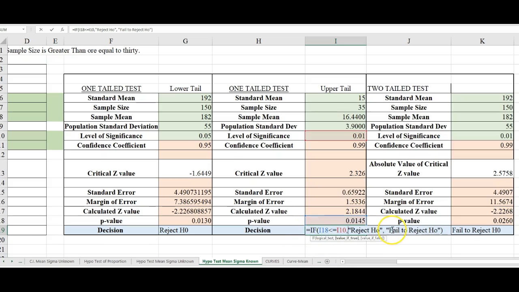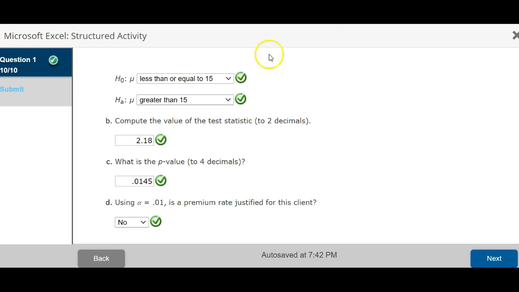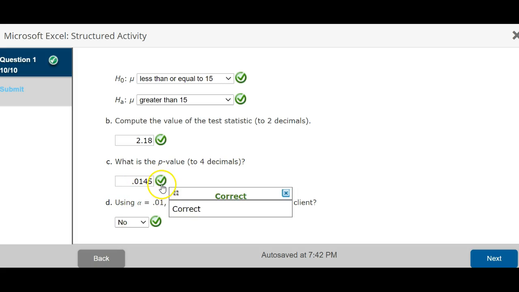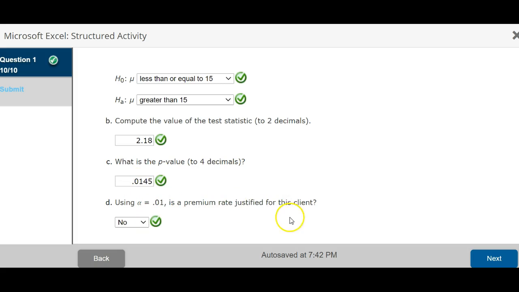So I've got the logic for my rejection built into this toolkit. So going back and entering those values in, my p-value is correct at 0.0145, and because my p-value is greater than alpha, then I fail to reject H sub 0, and therefore the premium rate is not justified.